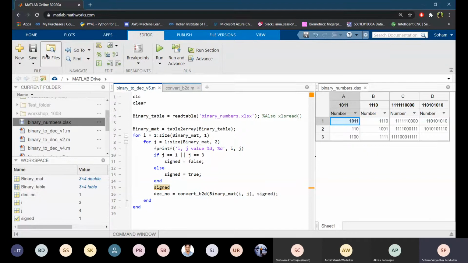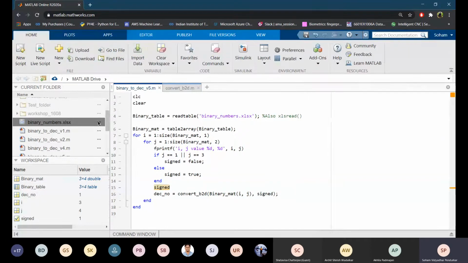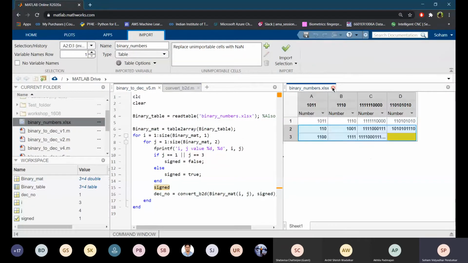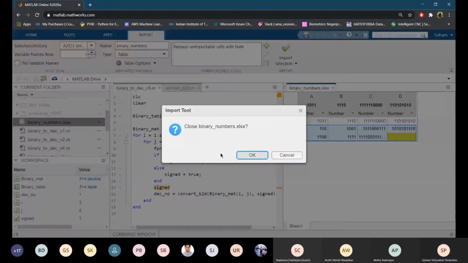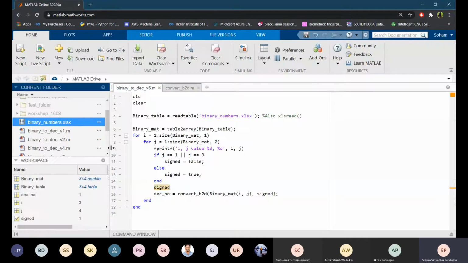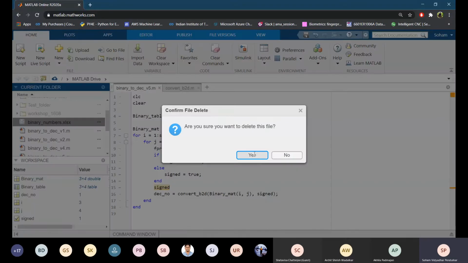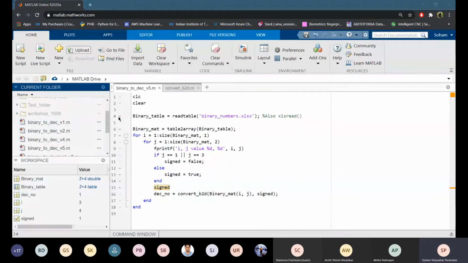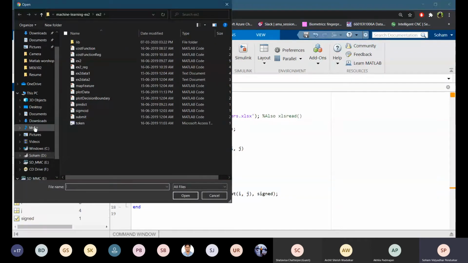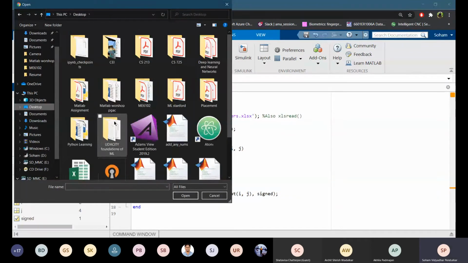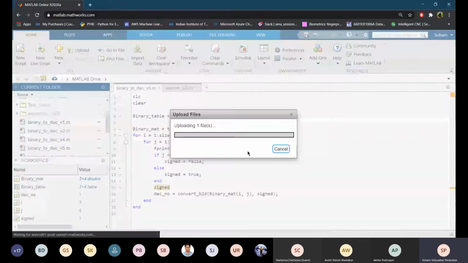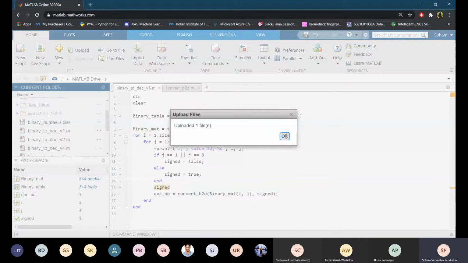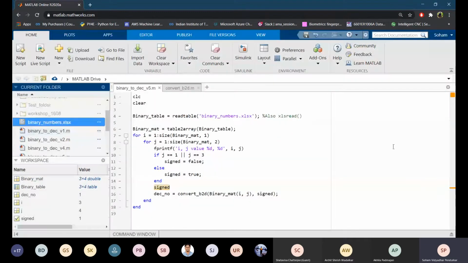Let me delete this and add a new one. Now there will be three rows and, I think, four columns. Yeah, four columns.